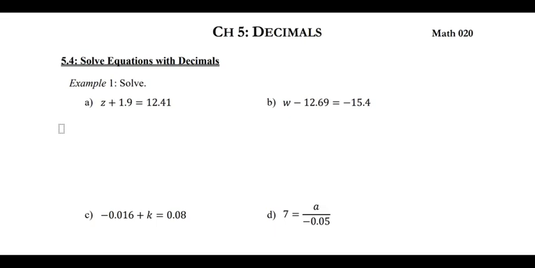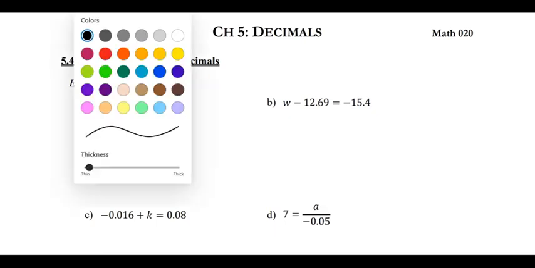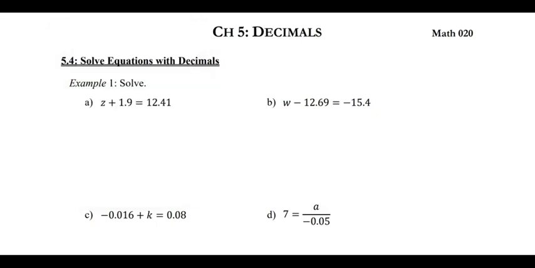Another particular trick that you can apply when solving equations with decimals is that you can clear the decimals by multiplying the entire equation by a power of 10. Recall from unit 5, lesson 5.2, we talked about multiplying by a power of 10, and all we do is move the decimal point to the right.